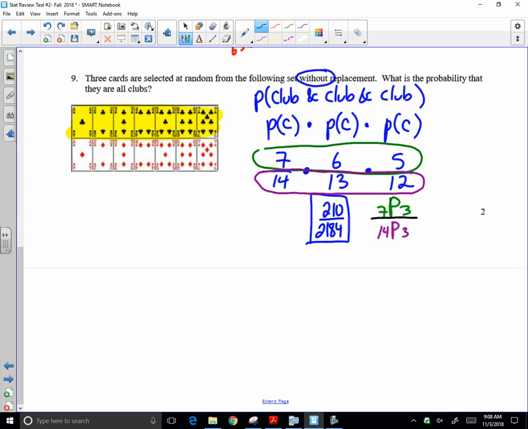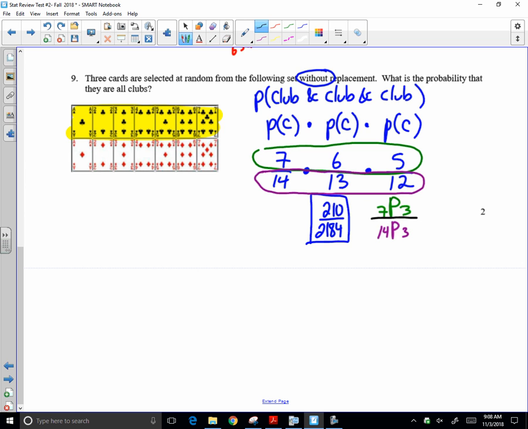You know, when you're taking the test, if you're not sure, then do not write this. But if you are and you want to avoid some funky numbers, or maybe you just don't feel like typing in 7 times 6 times 5 for that problem, whatever, you just write 7p3, 14p3, and call it a day. All right. I think that's a pretty cool way of doing it.